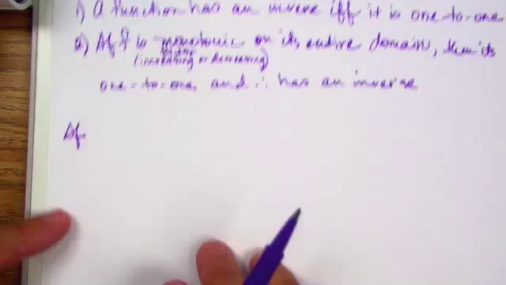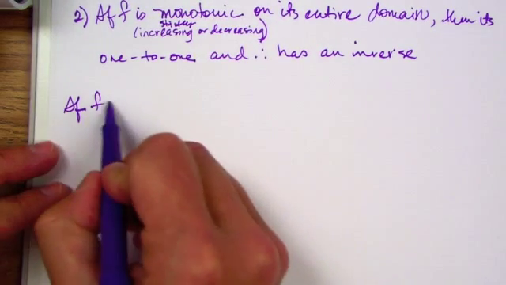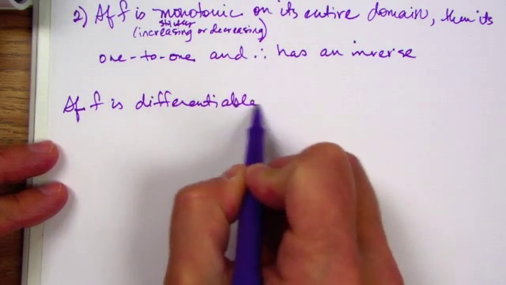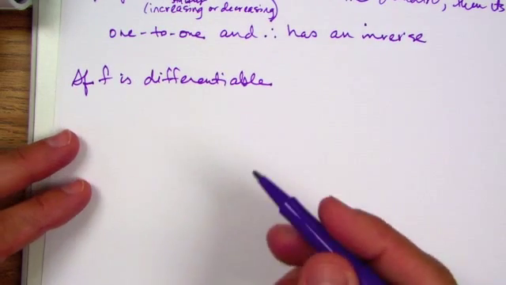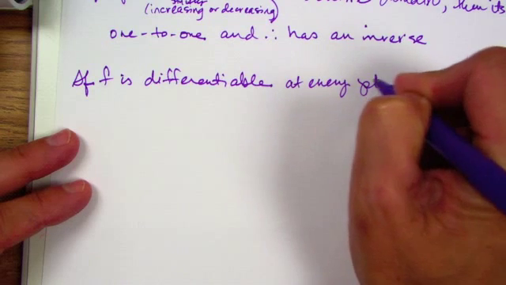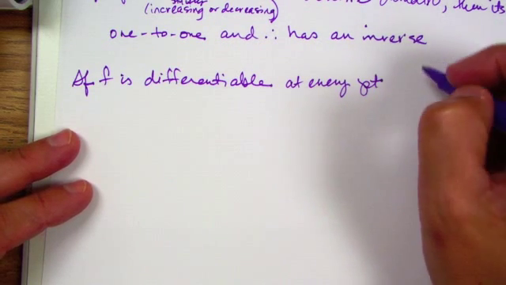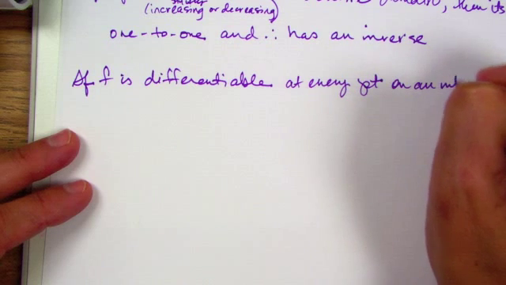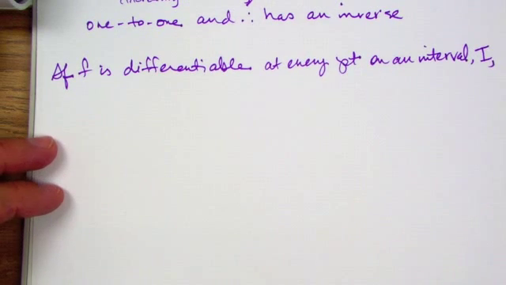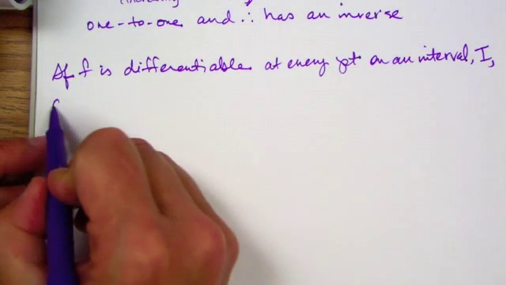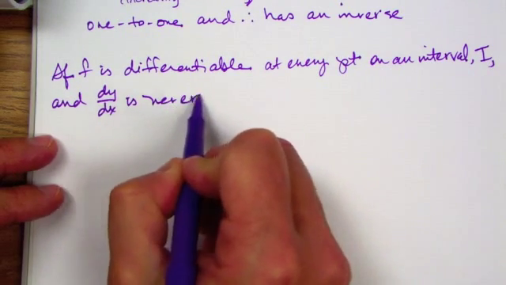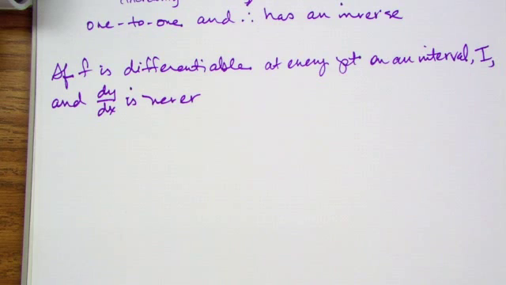Okay, let's get this down. If f is differentiable, meaning what? You can take its derivative, right? If it is differentiable at every point on an interval I, and dy dx is never, what could it never be if we're going to talk about inverses here?